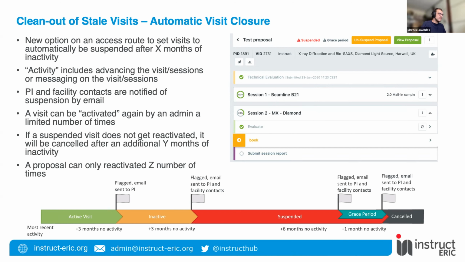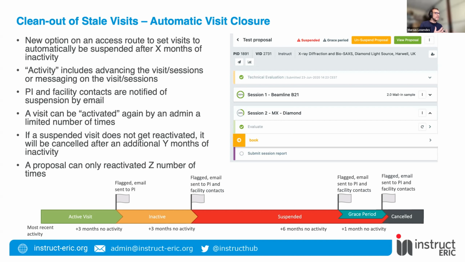And the PI will be told that their visit's been inactive, and reminded to keep things up to date and keep people in contact. And then let's say another 3 months go by and that's ignored, nothing happens, then the visit will be suspended.